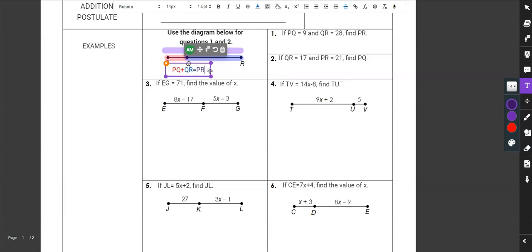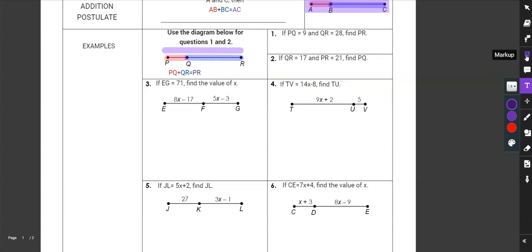All right, so that's the equation we're going to be looking at for both number 1 and number 2. On number 1, we have if PQ is 9, and QR is 28, then we need to find PR.